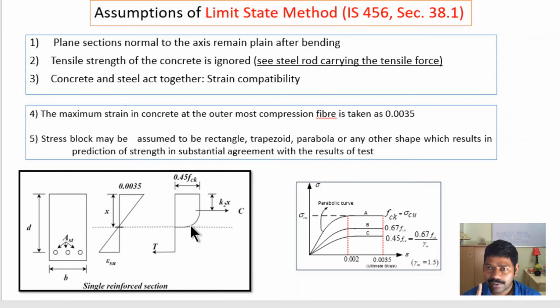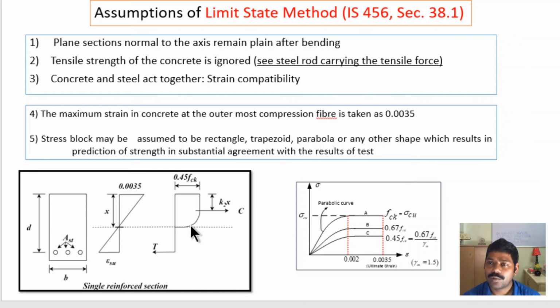The first difference is in the strain: the working stress method does not define any strain limit, but the limit state method defines that under compression the strain limit must be 0.0035. The second difference is that the stress block can be any shape.